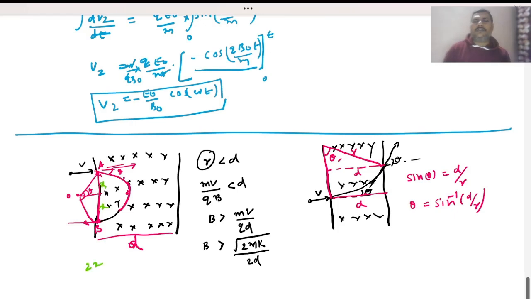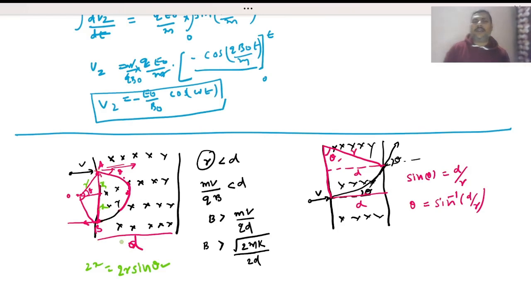Here x equals the opposite side with hypotenuse r, the radius of this path, mv by qB, right? So x equals r sin theta, and the total distance 2x equals 2 r sin theta. This is the distance between the entering point and the leaving point.